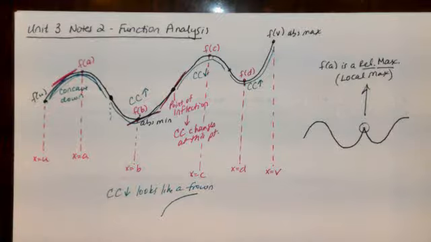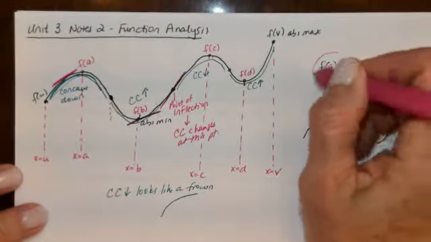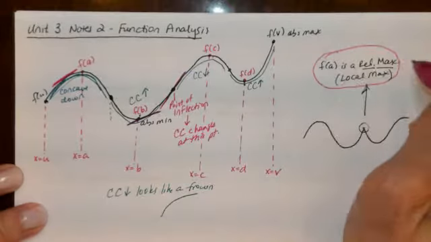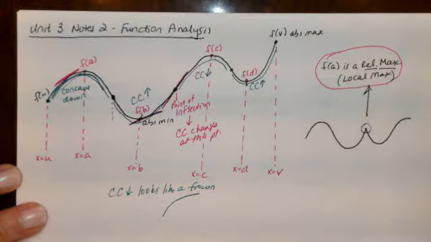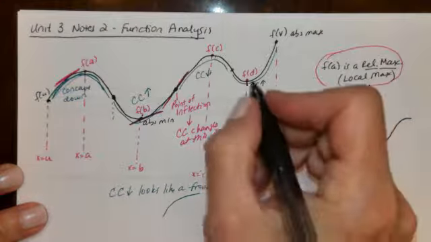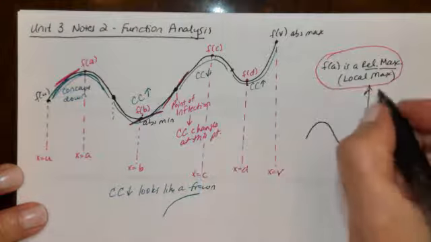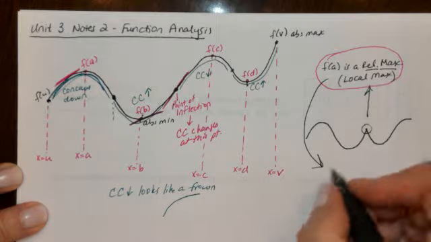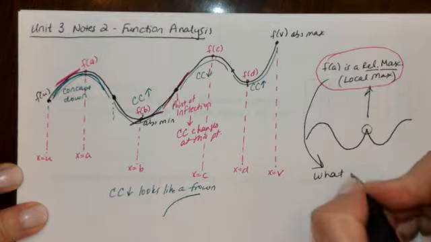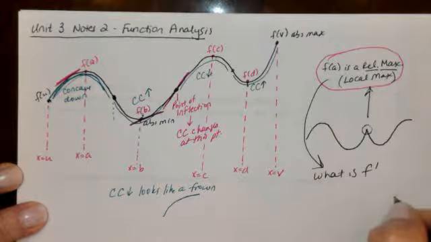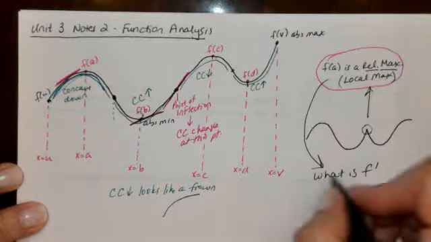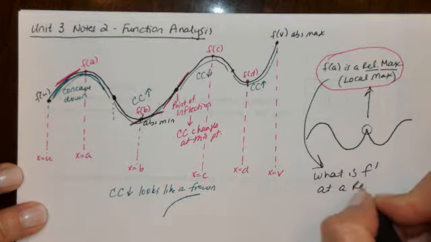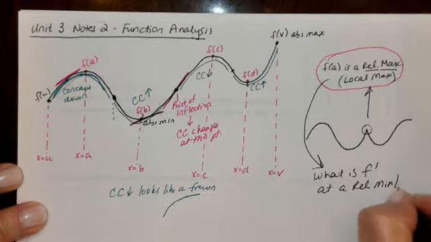Before I leave this graph, I want to mention something. Back when we were talking about local or relative mins and maxes, this is something I would ask in class, and everybody would answer. Okay, tell me, what is f prime doing? What is f prime at a relative min or max?